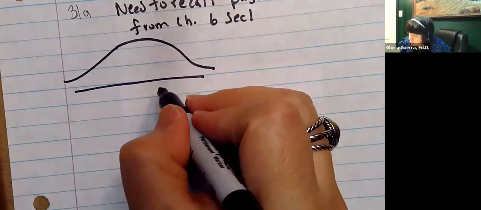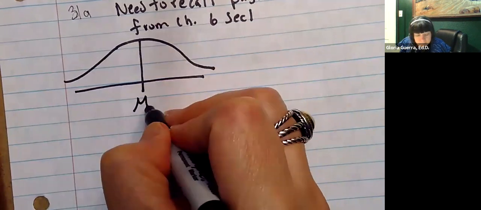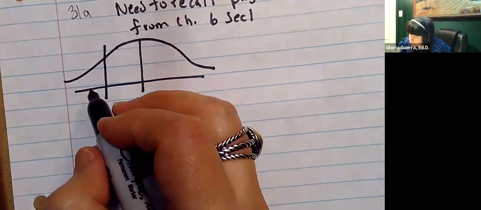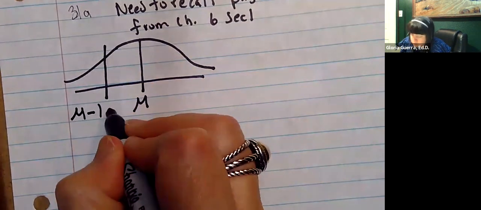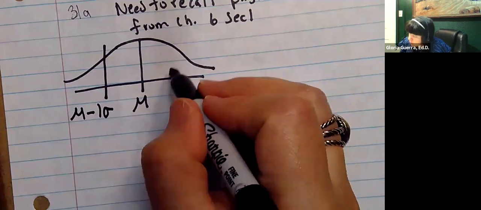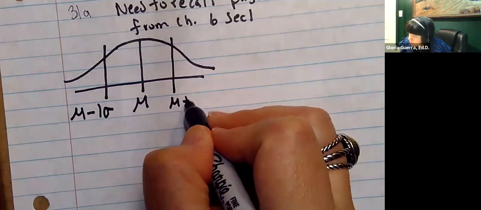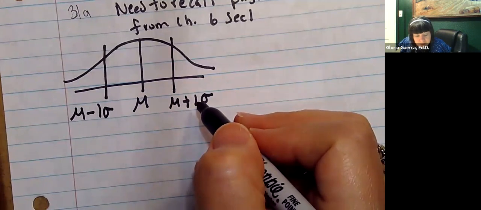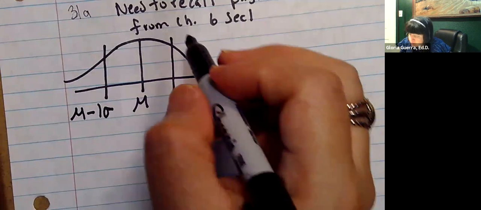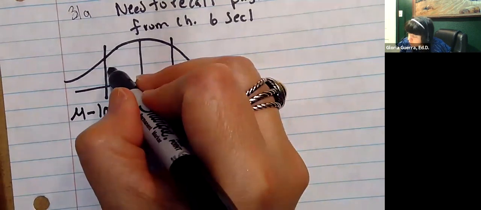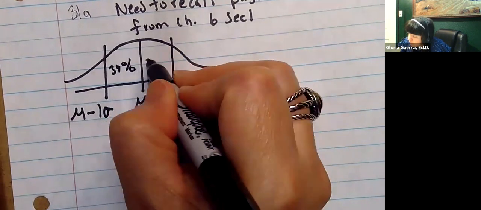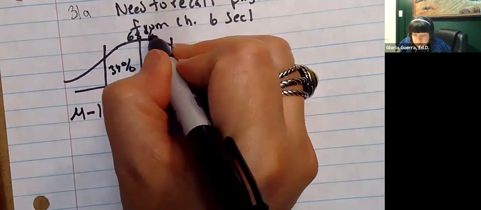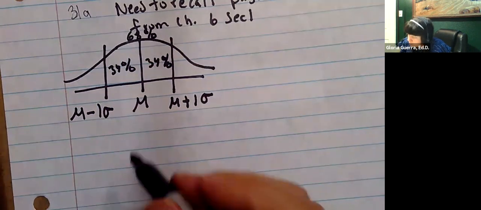And I have the mean, and then mu minus 1 times sigma, and then mu plus 1 times sigma. And then I have here 68%. So I have here 34%, 34%. And that's where I get the 68% for that, approximately.